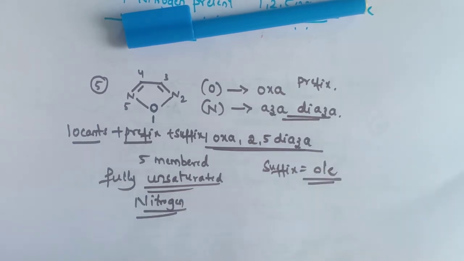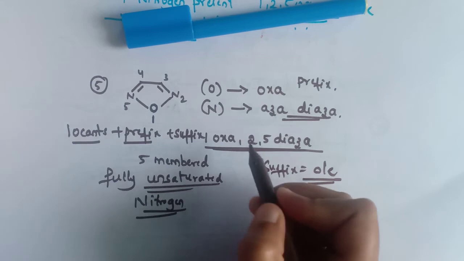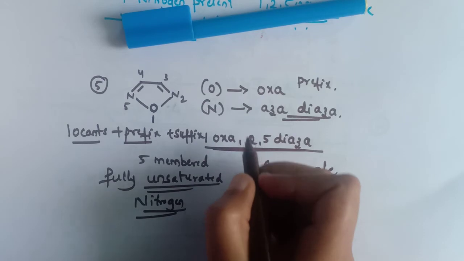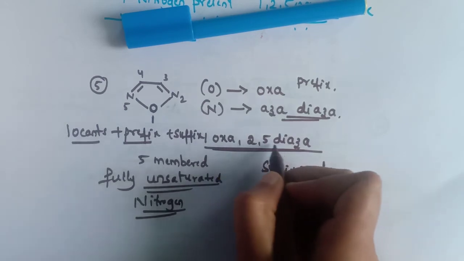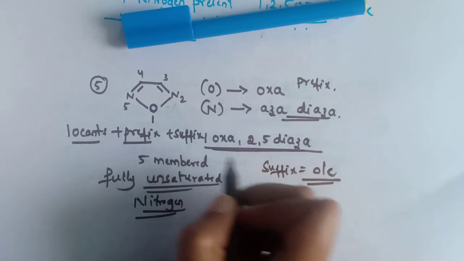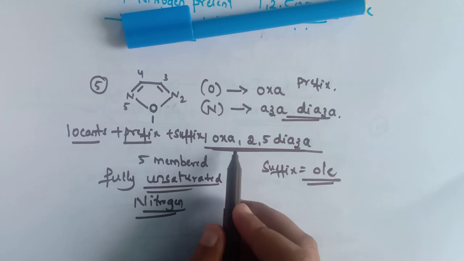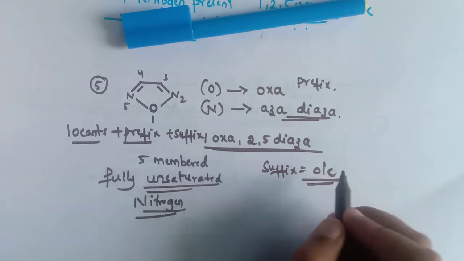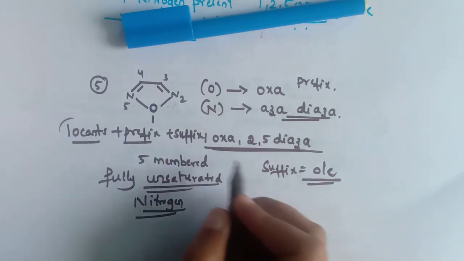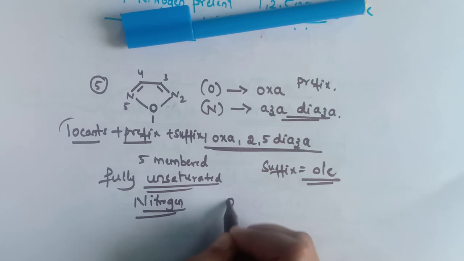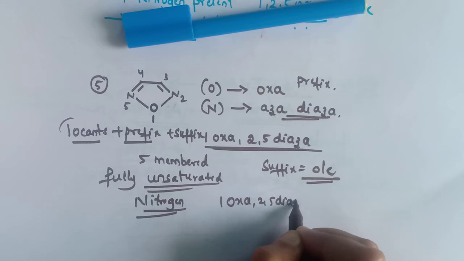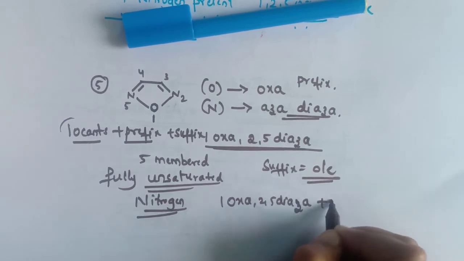Now we should combine all these things. In the prefix we get oxa and di-aza, so there is no need to cancel the last letter of the first part: it is di and a, and D is not a vowel. Now the suffix is ole. Locants plus prefix is 1 oxa and 2, 5 di-aza, plus ole.